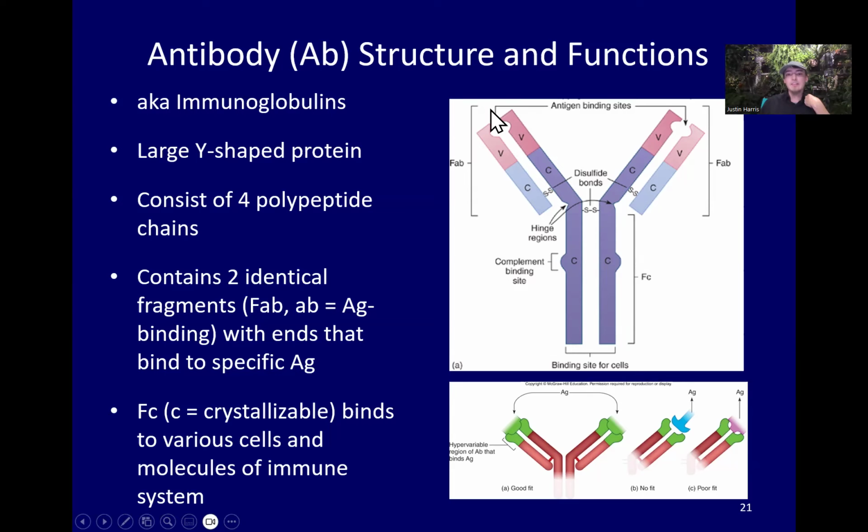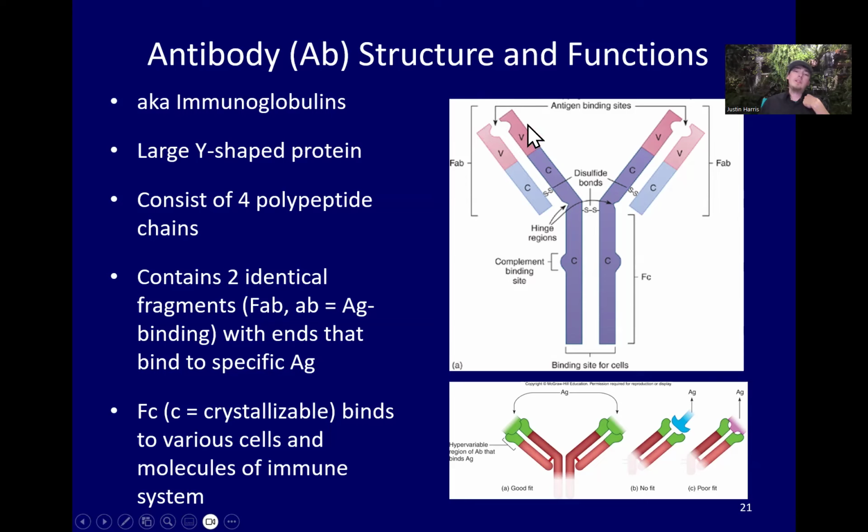Then we have this antigen binding fragment, which did not crystallize very easily, partially because it's just a little bit looser with its structure. And then this part up here is variable. It depends on every cell, and so that makes it a little more difficult to get something that's constant.